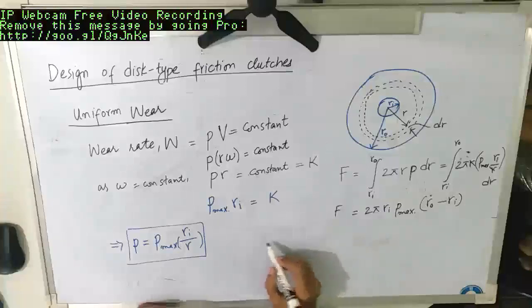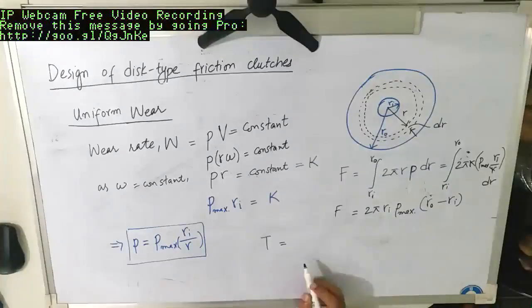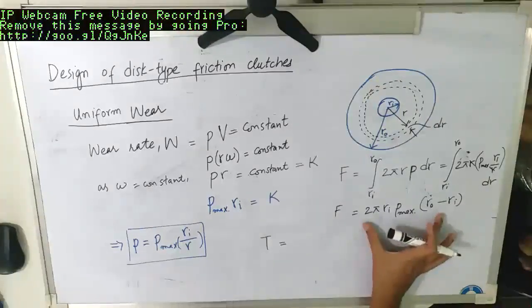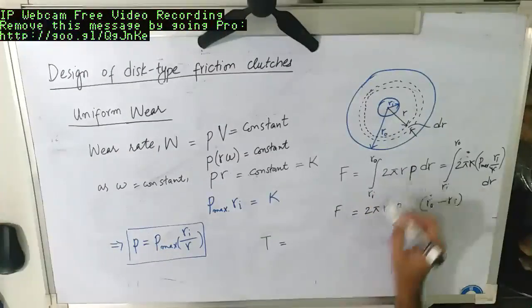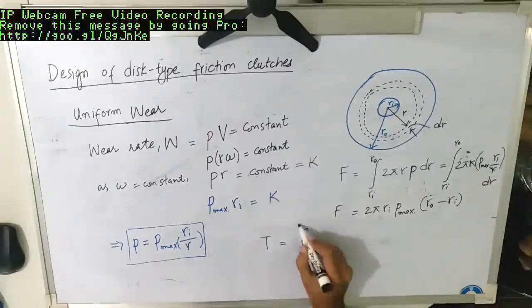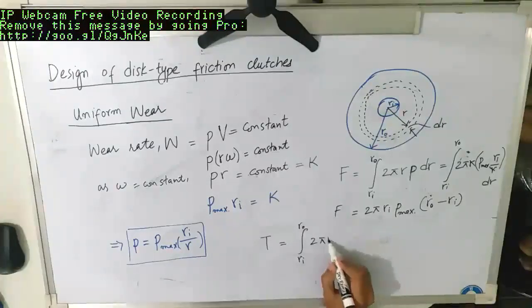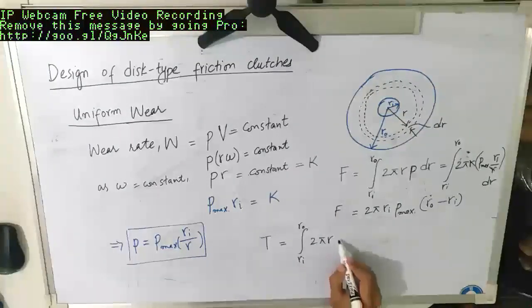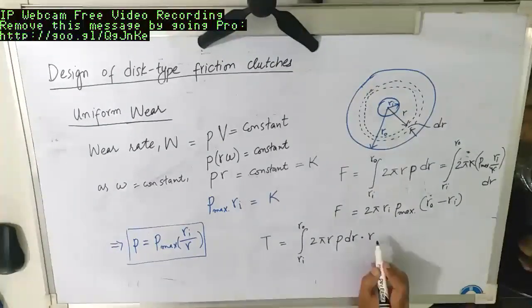Similarly, we can write an expression for the torque. Now for the torque, all we have to do is multiply this force with the radius. So when we multiply this expression of force with the radius, this is what we get: the integral from Ri to R naught of 2 pi R P dr, and this is the R that we are multiplying with.